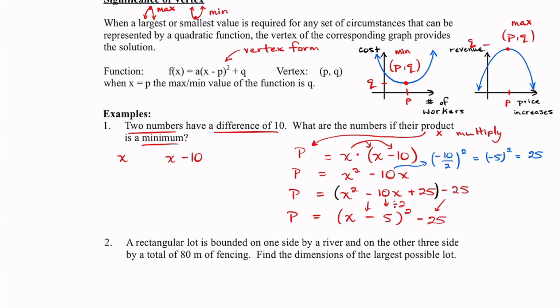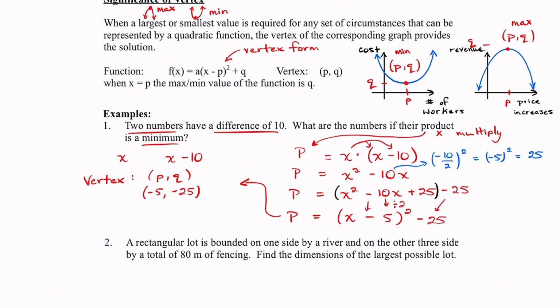Now this function is exactly the same as what I started with, it's just now in vertex form. And because it's in vertex form, now I can figure out what the vertex is. So the vertex is going to be at (p, q). This is the p and that is the q. So it's at negative 5 and negative 25.